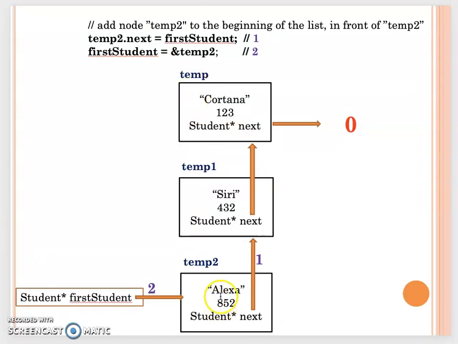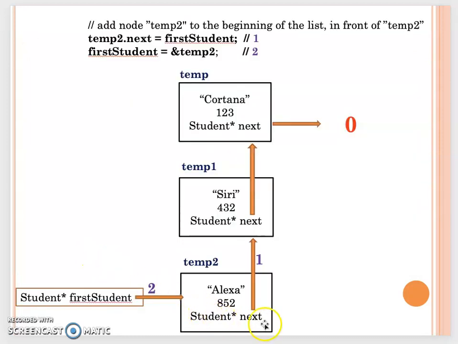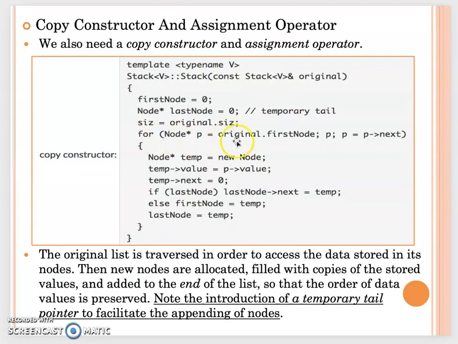I do the while loop, start from the first student, go next, go next. So when I do the copy, my node P equal to the original first node, then P equal to P next. If P is not equal to 0, that means I have not reached the end. So you will see in this example, I need another P pointing to P next, P next. When P next equal to 0, I know I finished. So that's the copy constructor. I need a while loop for that.